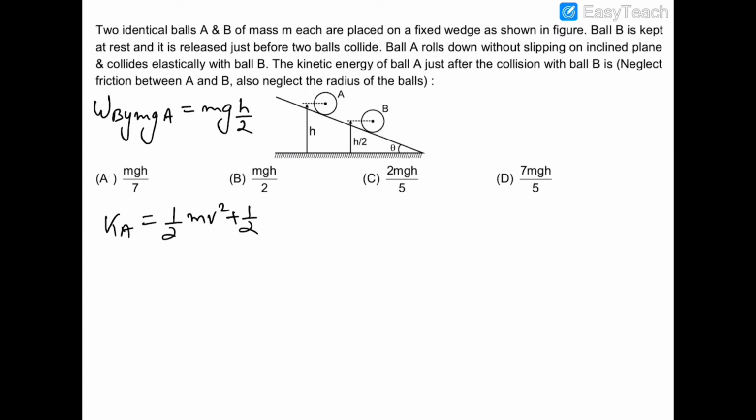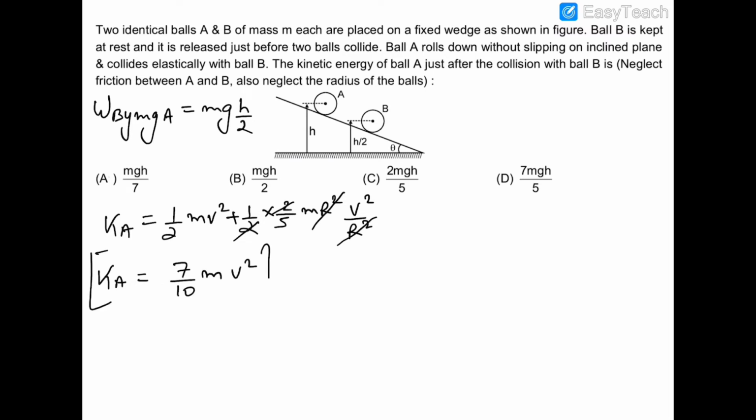Now this rotational kinetic energy is due to its rolling motion, and this is a solid sphere which has a moment of inertia of 2 by 5 mr square, and omega square is also equal to v square by r square by the condition of pure rolling. So you can see that the kinetic energy of A will be equal to 7 by 10 mv square initially, and this is just before the collision with ball B.